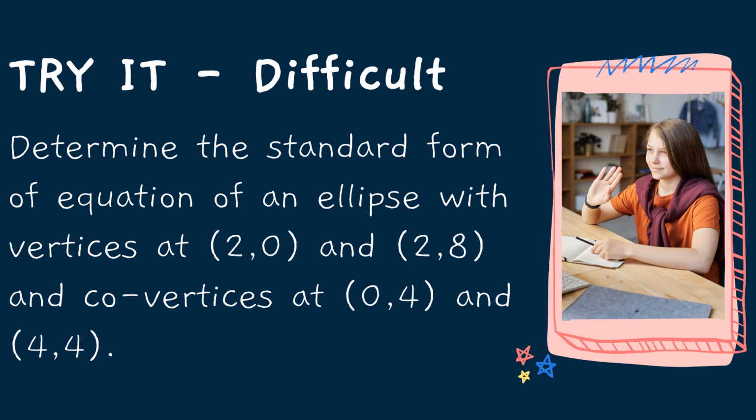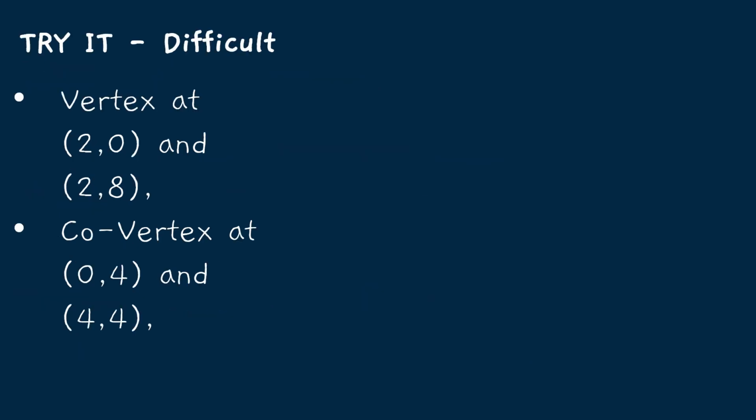Okay, so you can pause for a while before I show you our equation. Before we solve, let us review first the given values. The values are the endpoints of the vertex, or rather the points of the vertices, which are (2, 0) and (2, 8).